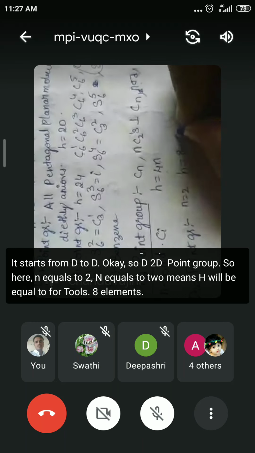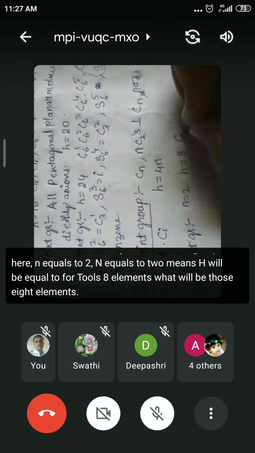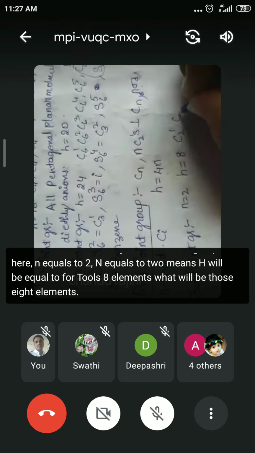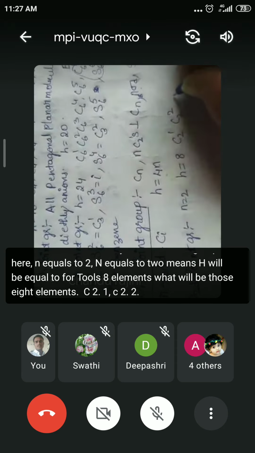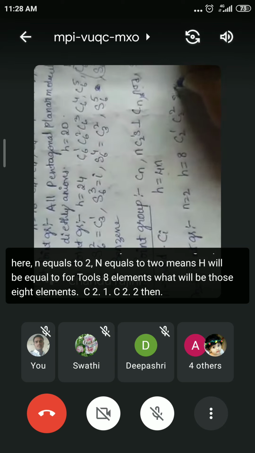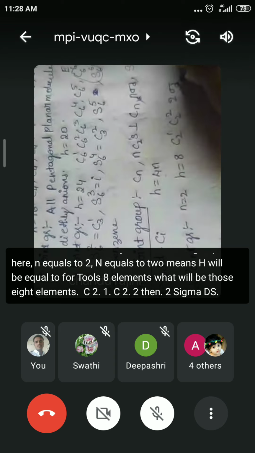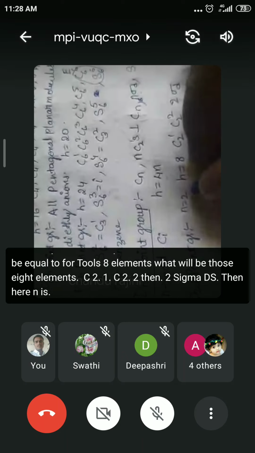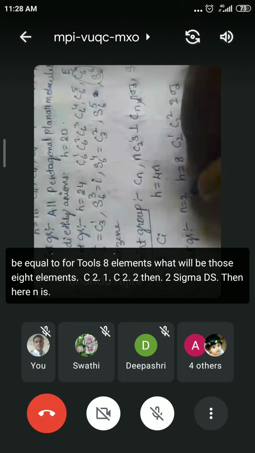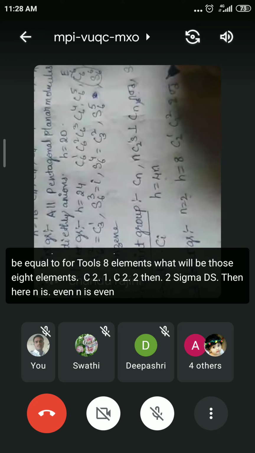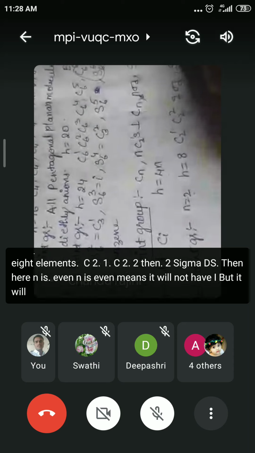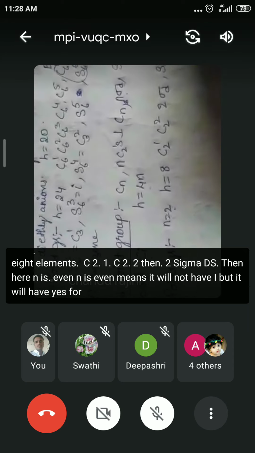What will those 8 elements be? C2^1, C2^2, then 2 sigma d's. Then here n is even. n is even means it will not have i, but it will have an S4 axis.